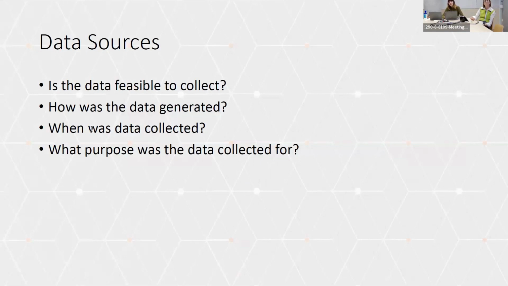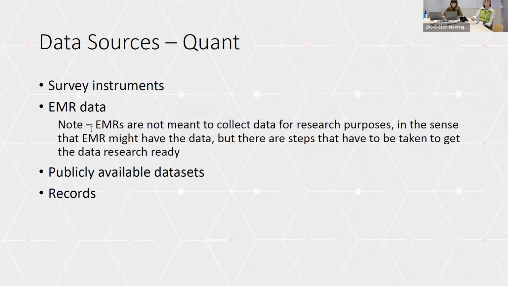I'm going to talk about data sources real quick. What study design you use is really going to be informed by what data is feasible to collect, how data is generated, when it's collected, and the purpose of it being collected. These are going to inform your decisions. So in quantitative research, you have survey instruments, you have EMR data.